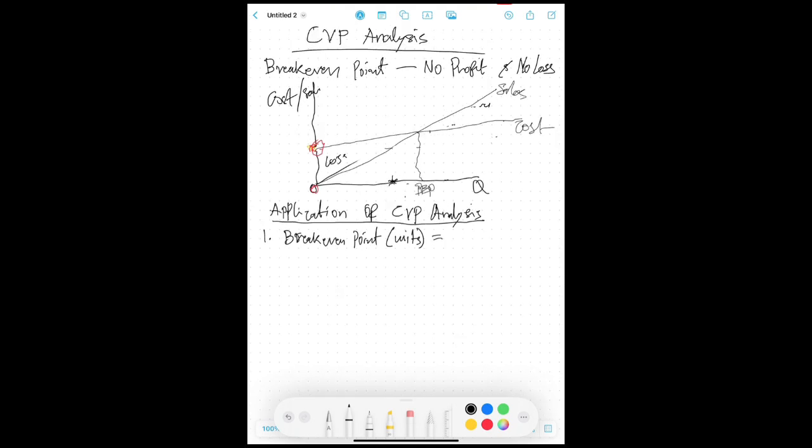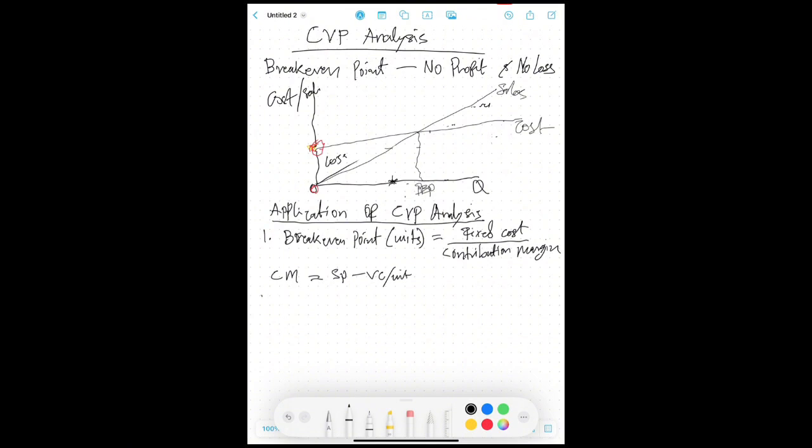The formula to calculate it is fixed cost divided by contribution margin. Your contribution margin, which I use as CM, is calculated as selling price minus variable cost per unit. Note, it is not the total variable cost, just the variable cost per unit.